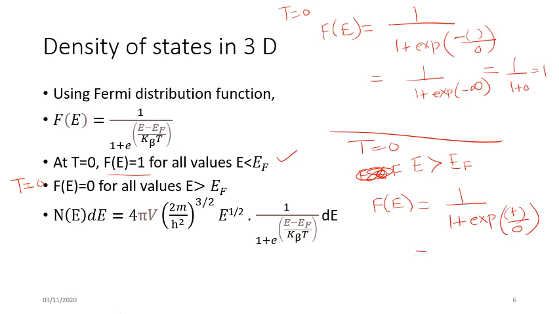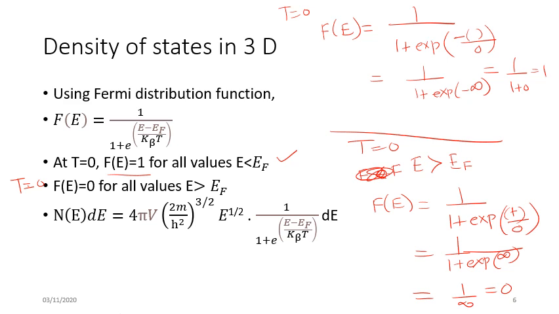So 1 upon 1 plus exponential raised to positive infinity. Exponential raised to positive infinity is infinity. So 1 upon 1 plus infinity is again 1 upon infinity, which is 0. That's why the Fermi distribution function becomes 0 for T equal to 0 where E is greater than EF. So we will not consider the case where E is greater than EF, because we consider all the energy levels to be less than EF at T equal to 0.